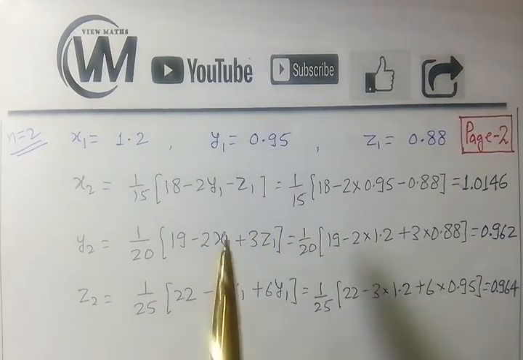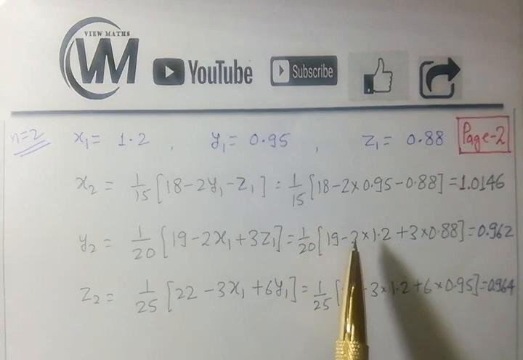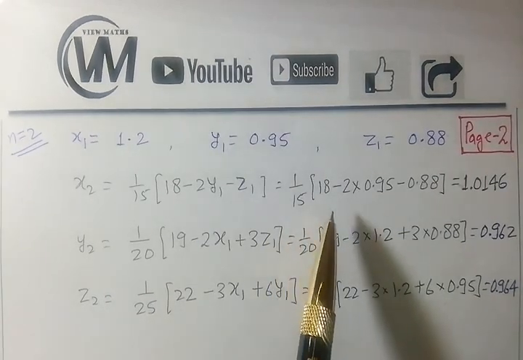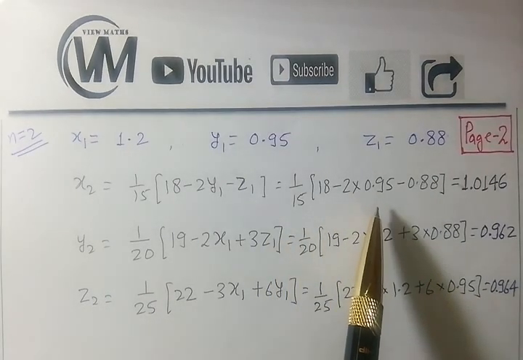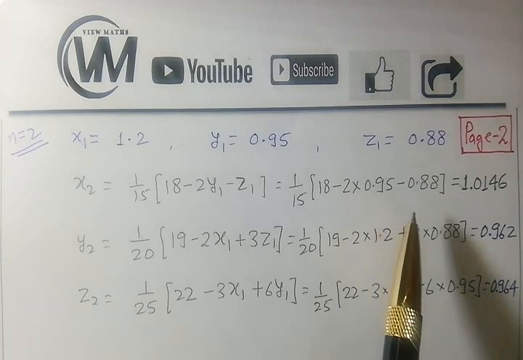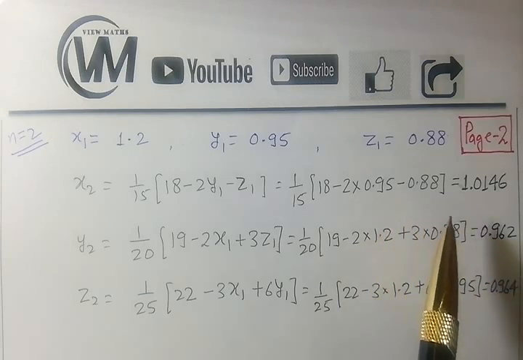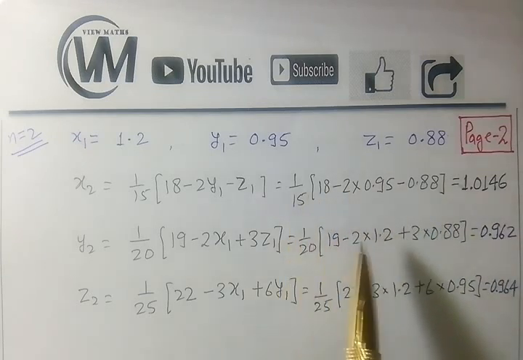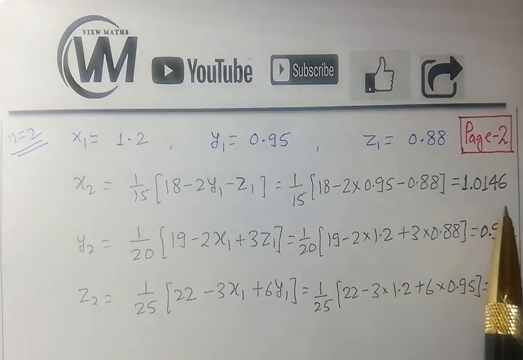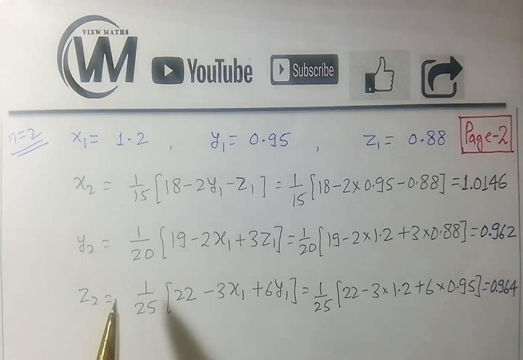Substituting the values y1 and z1 here, you can see 1 by 15 times (18 minus 2 into y1, 0.95, minus z1, 0.88). After calculating this, we get the answer 1.0146 for x2. Now y2, 1 by 20 times (19 minus 2x1 plus 3z1).